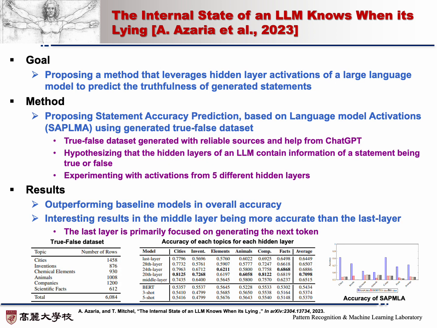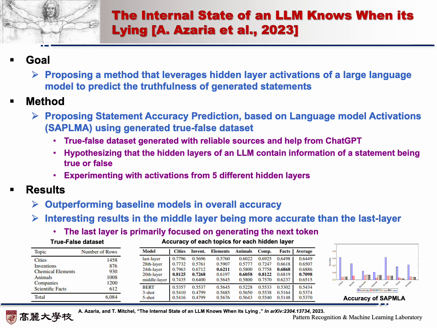So the first paper I'm trying to introduce is called The Internal State of an LLM Knows When It's Lying, by A. Azaria and colleagues in 2023, which explores the fascinating idea that the inner workings of an LLM might hold the key to discerning its truthfulness. So the primary objective of this paper was to harness the hidden layer activations of an LLM to predict the veracity of its generated statements.